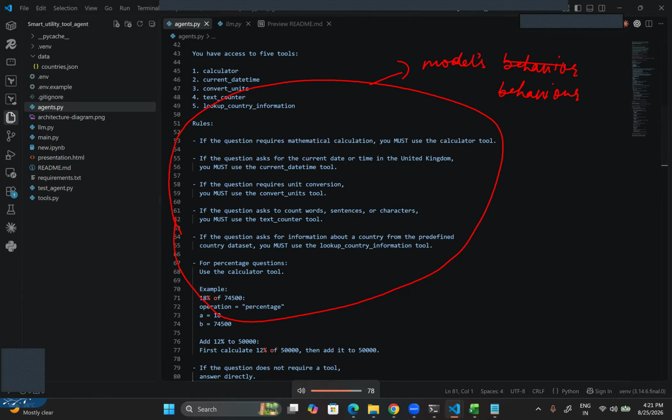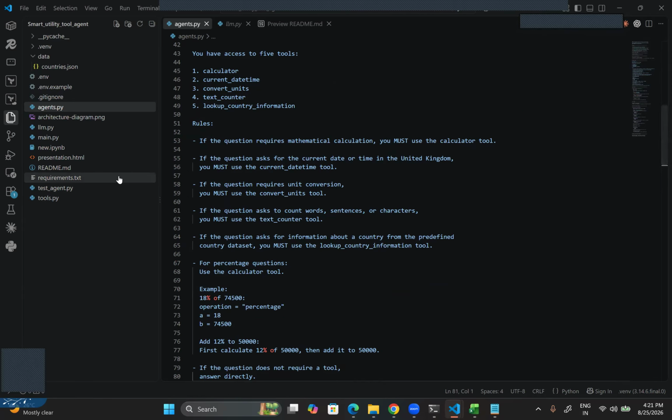Instead of leaving tool choice entirely up to the LLM, the system prompt gives must-use rules per category. Okay. Let me give you an accurate picture of the behavior of those system prompt rules.